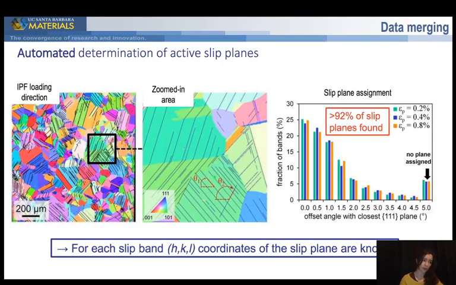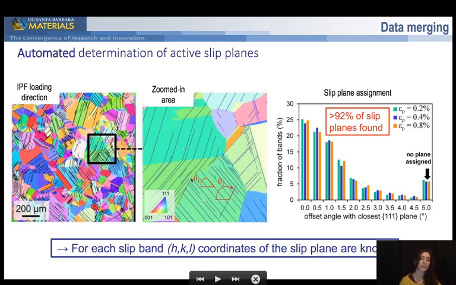Once this is done, we can then extract the inclination and location of every single slip band. And since our DIC data is all aligned with the BSD, we also know the local crystallographic orientation associated to every slip band. So we can now back out the slip plane associated to each slip band. Quick recap here, this is the plane on which the dislocations were gliding.